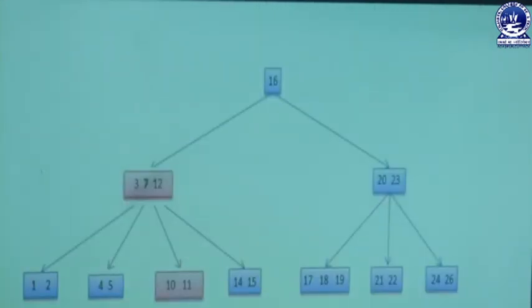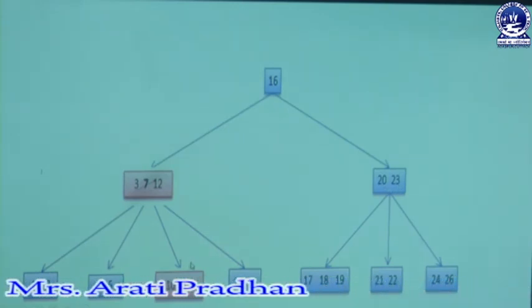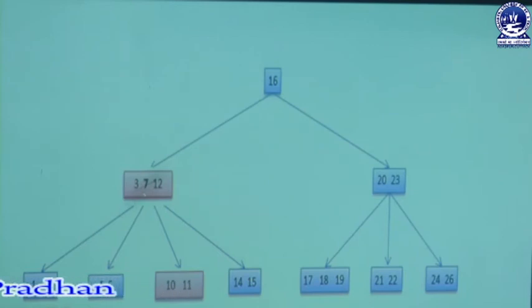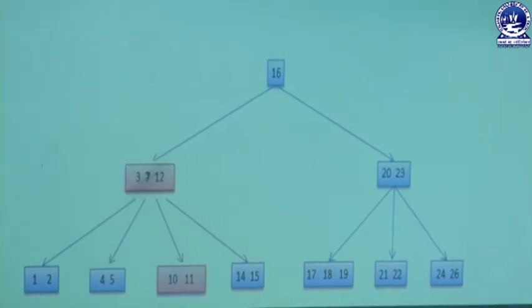Here the tree is 16, then 3, 7, 12 as the left side child keys, and the right child node contains 20 and 23, and so on. Suppose here I want to delete 7. When we delete 7, what will happen? What is the repercussion of deleting 7?